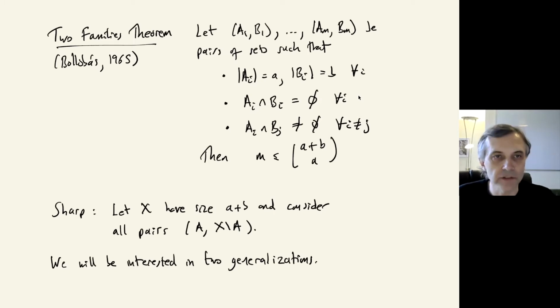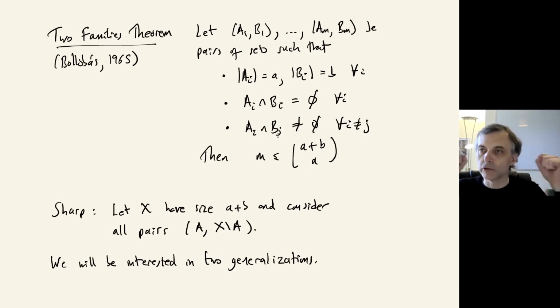This is a beautiful theorem, one of my favorite theorems, of Bollobás from the 1960s. And it says the following. I have some pairs of sets, A1, B1, up to Am, Bm. The Ai all have size little a, the Bi all have size little b, and they satisfy the conditions that the pairs Ai, Bi are disjoint, but Ai and Bj, if i is distinct from j, intersect.